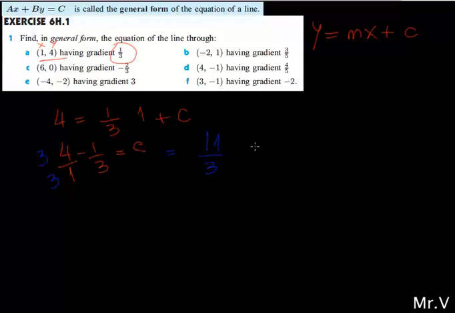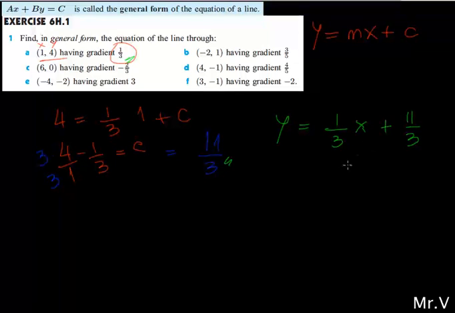Okay, so this is my y-intercept. So now I have everything: my gradient and my y-intercept, so I just have to plug it in. I have y equals my slope or gradient 1/3 x plus my y-intercept 11/3. Fantastic.